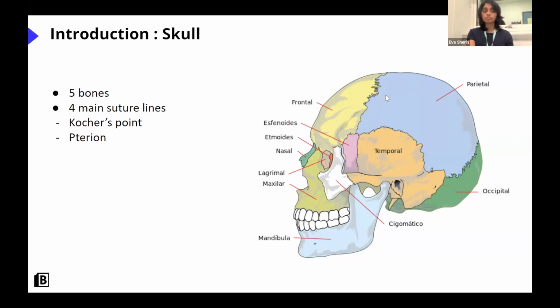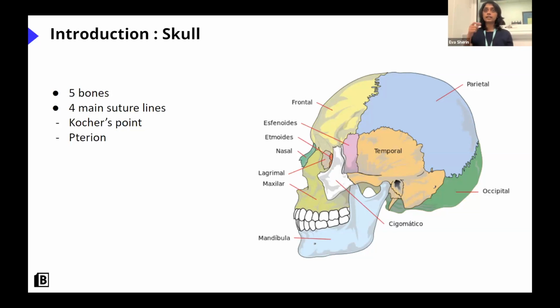And of course, Kocher's point is important if you're perhaps doing a neurosurgical procedure like an ICP bolt, or suppose you're doing a burr hole. Kocher's point is basically your interpupillary line. So when the patient is on the table, basically you check for their pupil and you go exactly up.